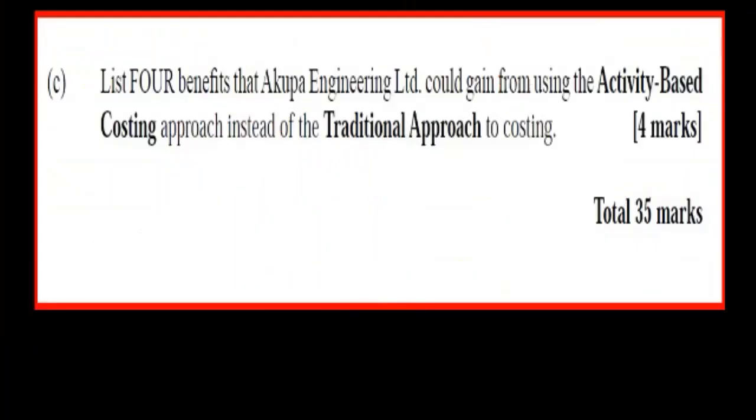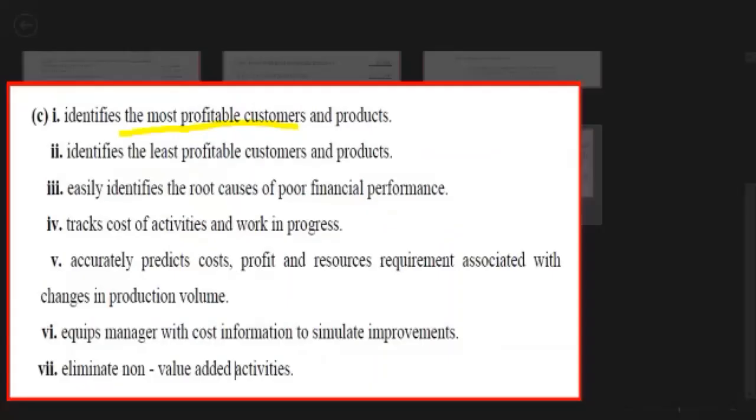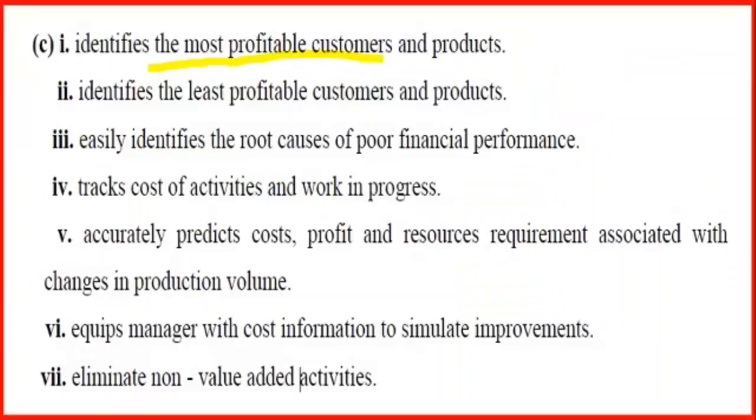This last part of the question, list 4 benefits of activity-based costing. Okay, the benefits: it identifies the most profitable customers and the least profitable customers as well, least profitable products.